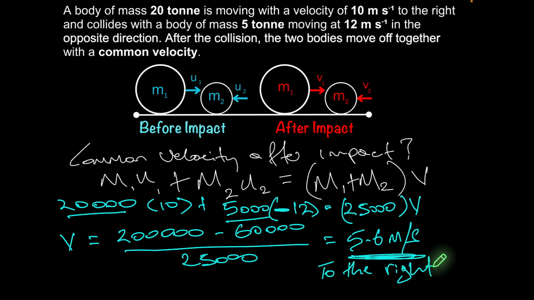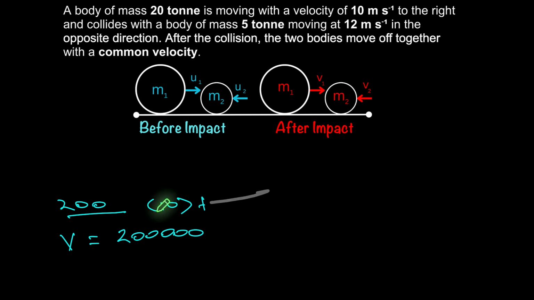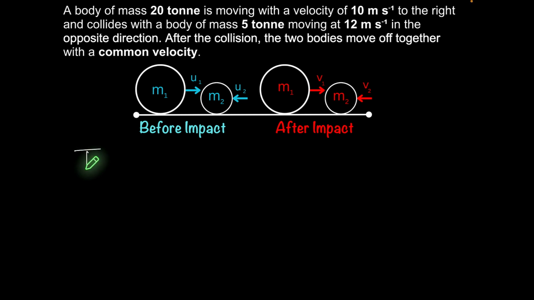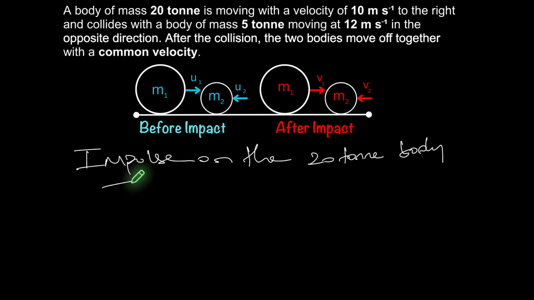Now we're going to look at some elements of impulse. So we want to check out what's the impulse on the 20-ton body after the collision. So now let's check out the impulse. And we're just going to look at the 20-ton body. Now that's where our formula here comes in. So I'll use J to represent impulse, and that equals the change in momentum.